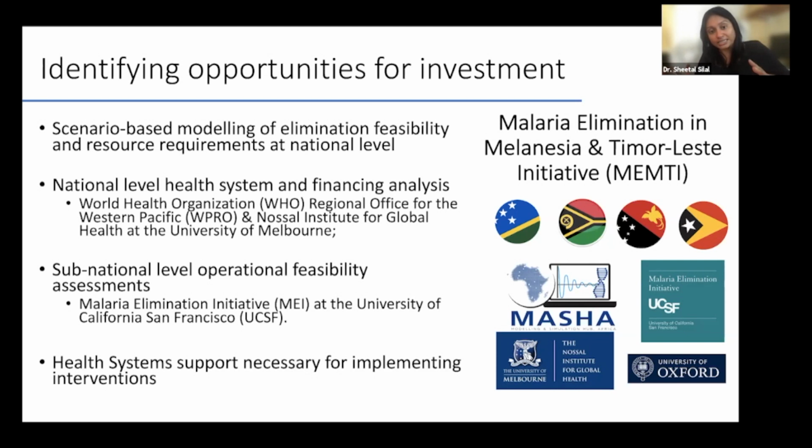Here we were working together with systems and policy analysts, as well as looking at the implementability of the interventions we are modeling, so that we could really make robust suggestions as to which interventions and where these opportunities for investment lay in these 4 countries.